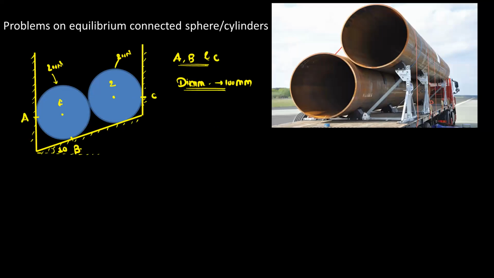Okay, so these are the given conditions. Two cylinders, each of weight 200 Newton. They are supported at the contact point A, B and C.